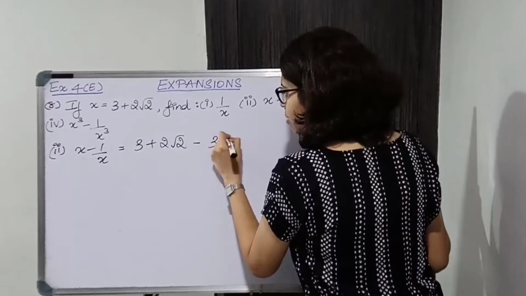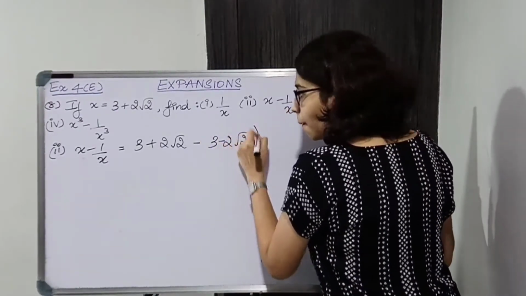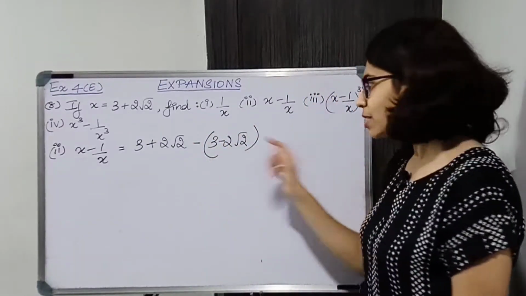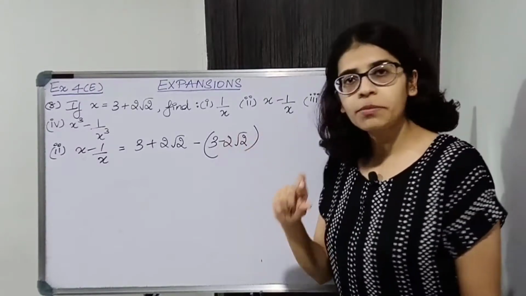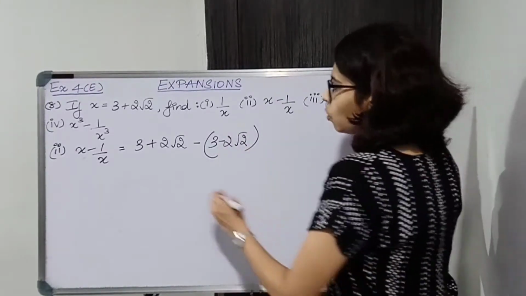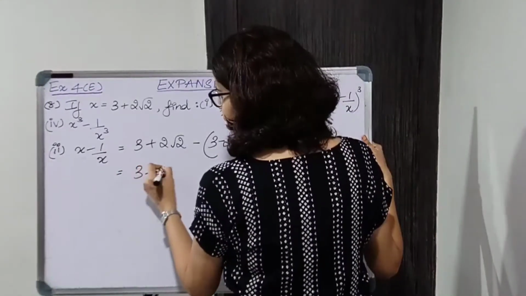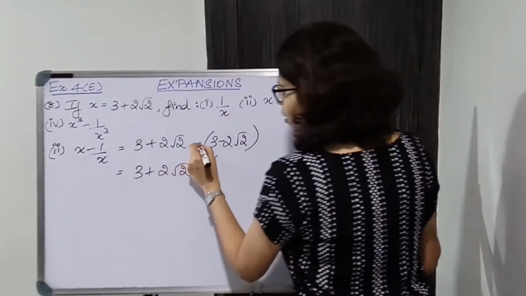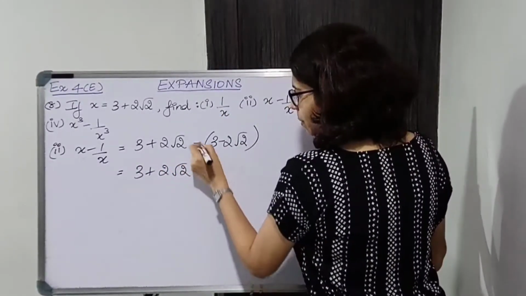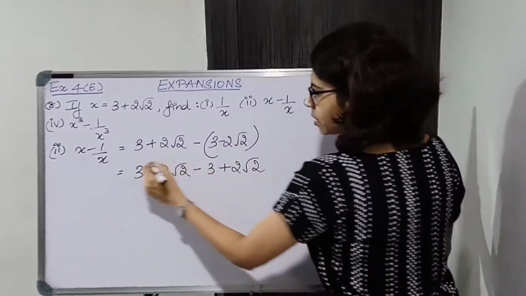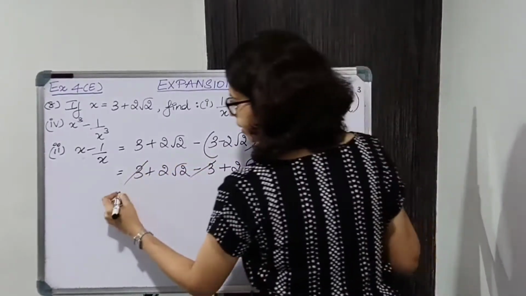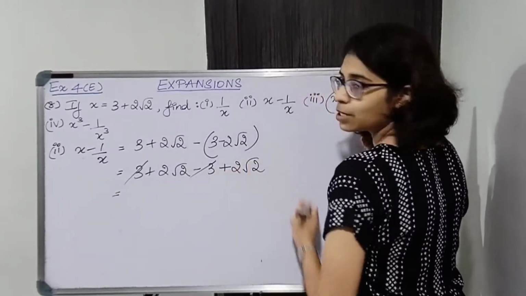So 3 minus 2 root 2, put brackets because there is a minus sign outside. So don't forget to put the brackets. So 3 plus 2 root 2 minus 3, minus into minus will give plus 2 root 2. 3 minus 3 will get cancelled. We are left with 2 root 2 plus 2 root 2.